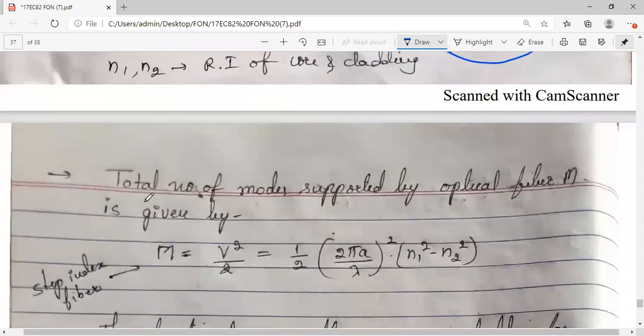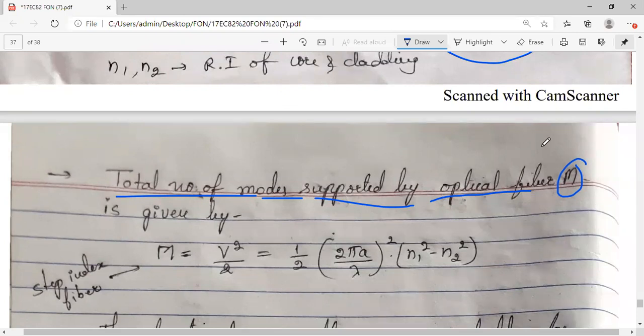Now, one more thing: the total number of modes that are supported by an optical fiber, that is capital M. When we go for further classification of optical fibers, we come across single mode and multi-mode optical fibers. Single mode means it will support only one mode. Multi-mode means a number of modes will be supported.